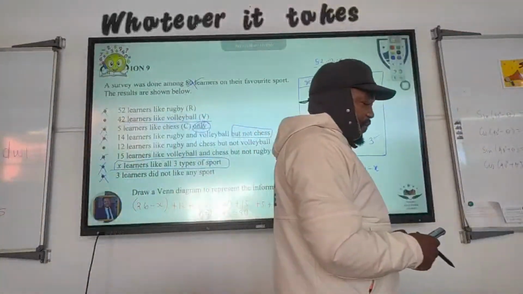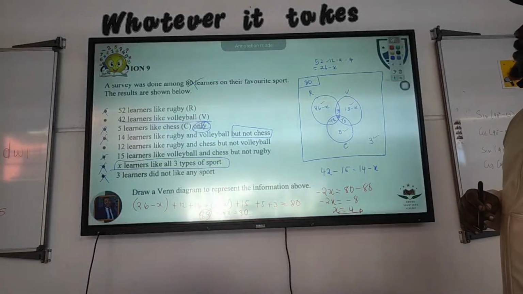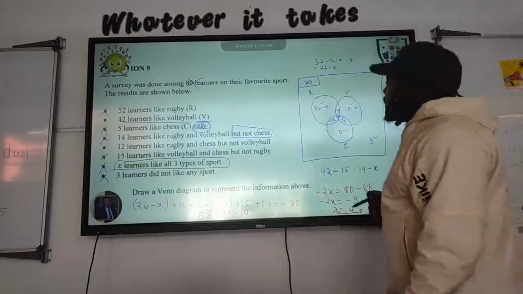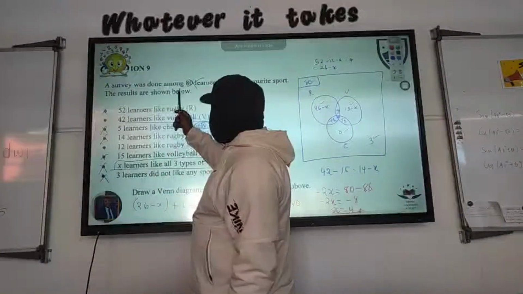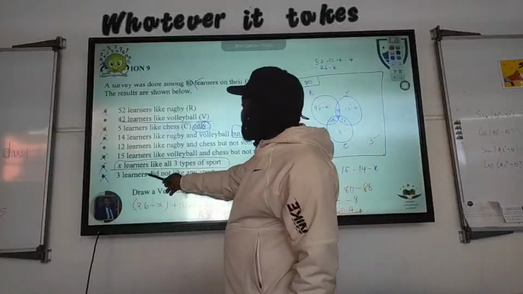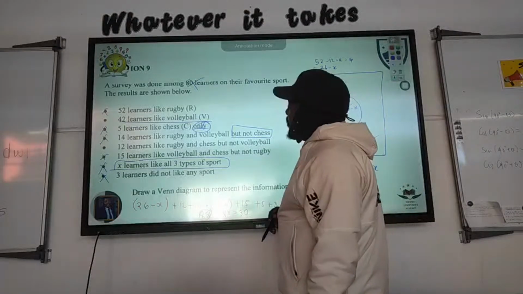So now let us also verify our information. We started from the center, where we had x, like all three types of sports. Our value was actually x.